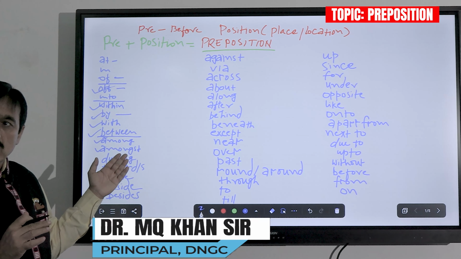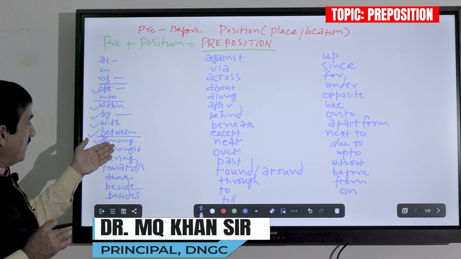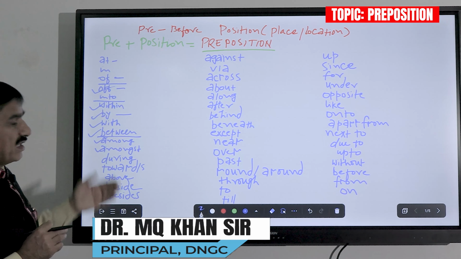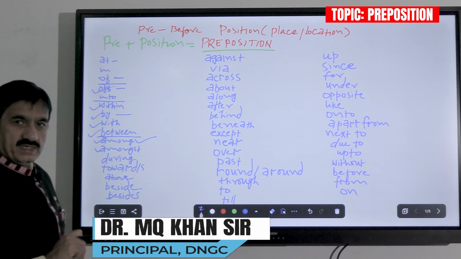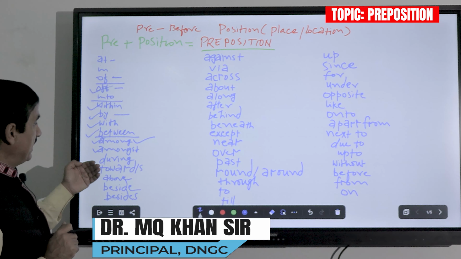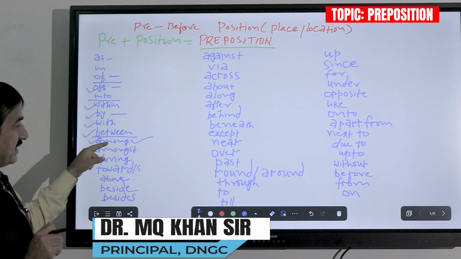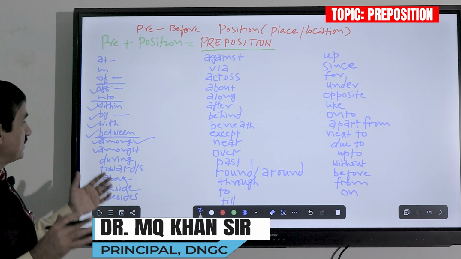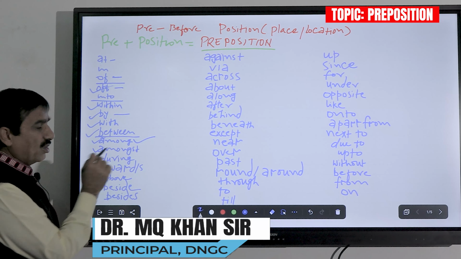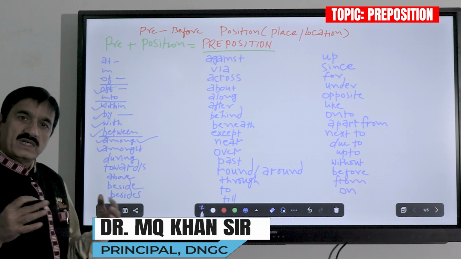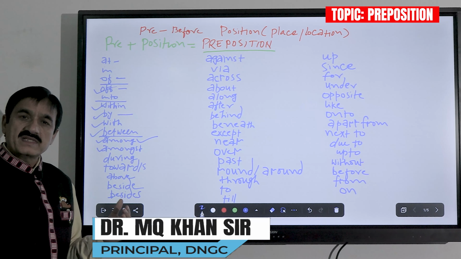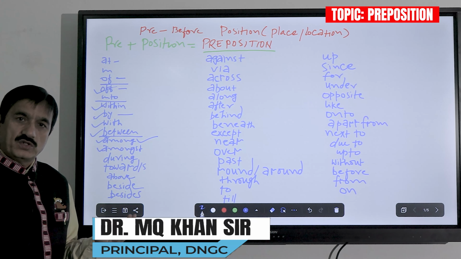So among and amongst, both are synonyms. They are used in different contexts. Commonly among is used. Among is preferred more than amongst. But usually when we talk about more than two persons, more than two things, then among or amongst is used. For example, the sweets were distributed among students, means the number of students must be more than two.